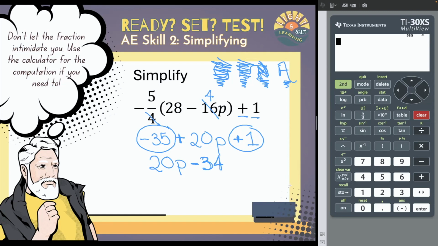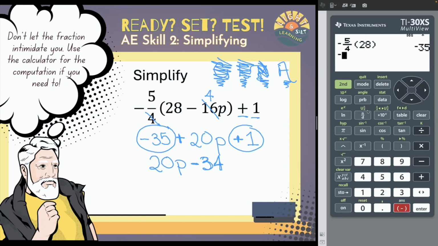And again, you can do these calculations in your calculator. Oh, I promised you the fraction, so let me show you that. If I was doing negative, oh, I'm doing it wrong. There we go. -5/4. I'm going back to the last one I promised I would do for you guys. Times 28, and you can see that it really was indeed -35.